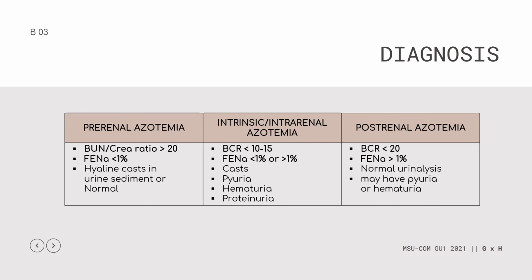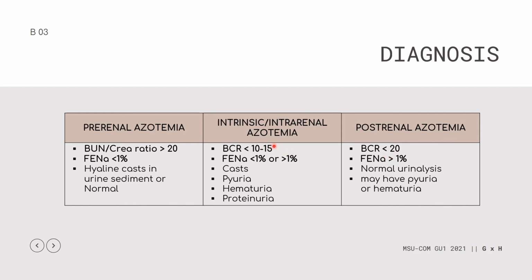Other significant findings can be assessed upon laboratory evaluation. The blood urea nitrogen creatinine ratio and the fractional excretion of sodium help in differentiating the causes of acute kidney injury. The fractional excretion of sodium is measured by the percentage of filtered sodium that is excreted in the urine. The BUN creatinine ratio in pre-renal azotemia is greater than 20, while in postrenal azotemia, it is less than 20.